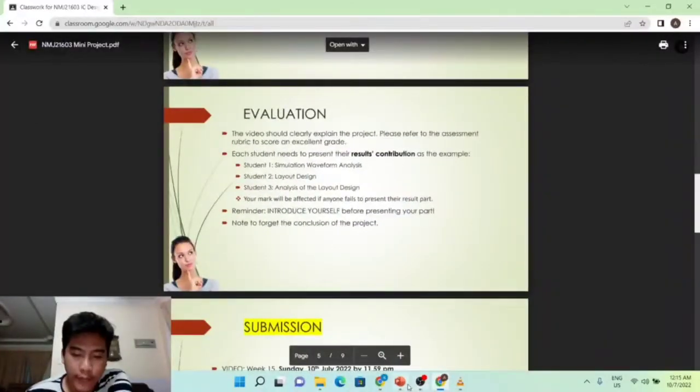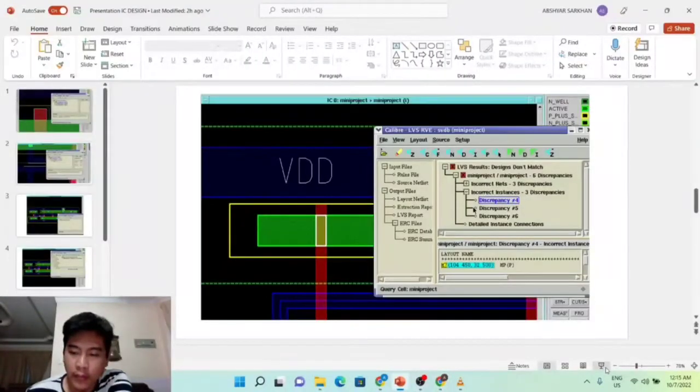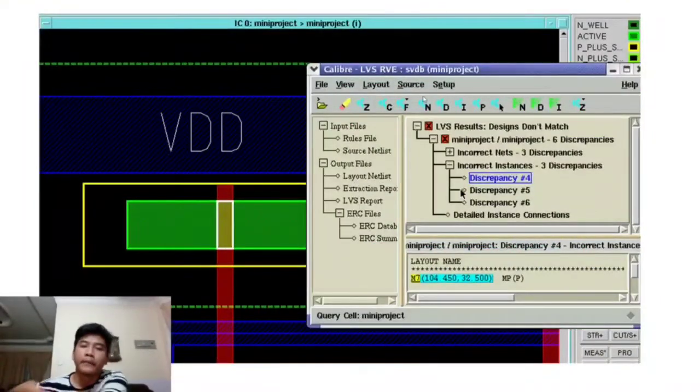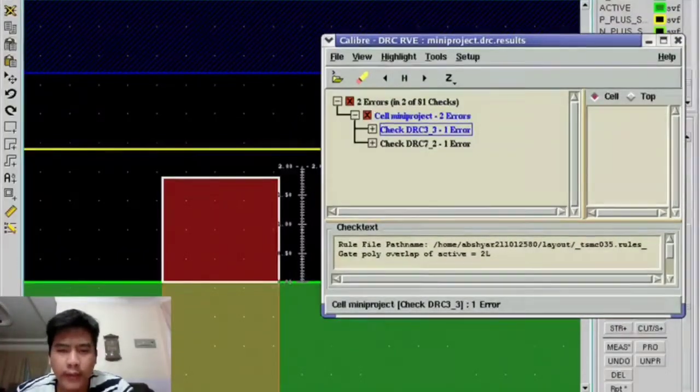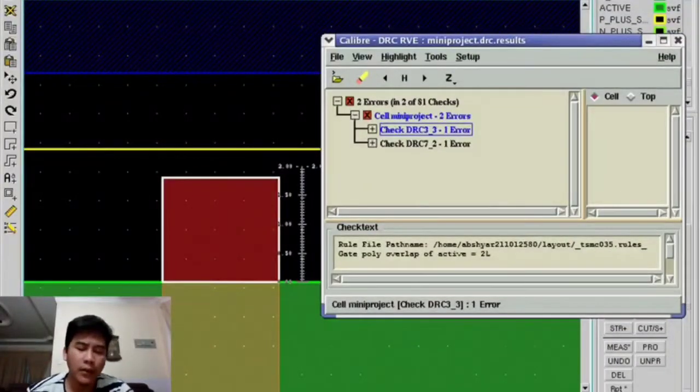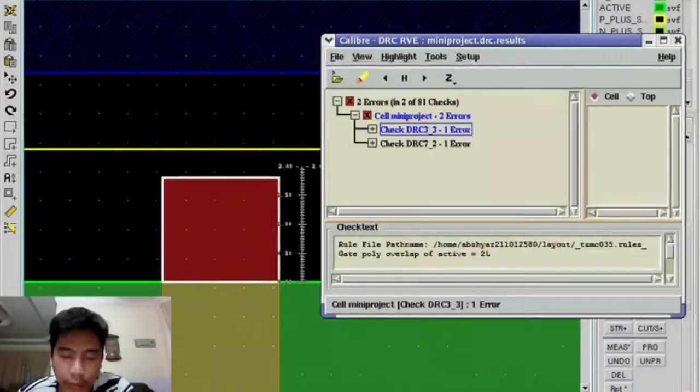Okay, the first one is the DRC. DRC is where it checks the lengths of our drawing.